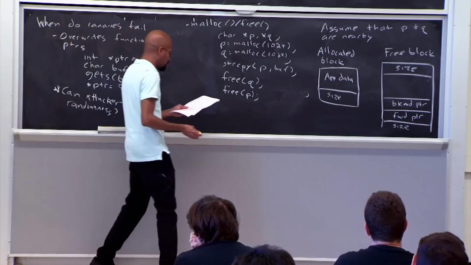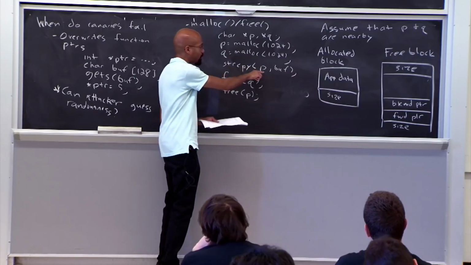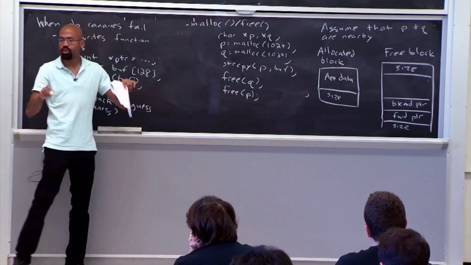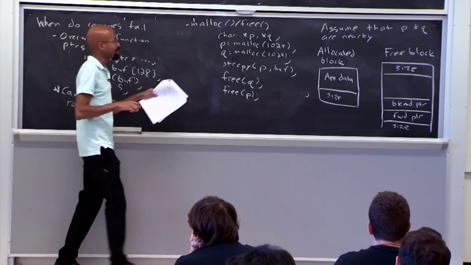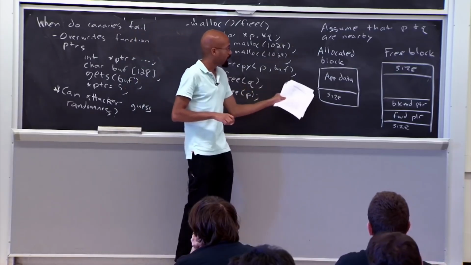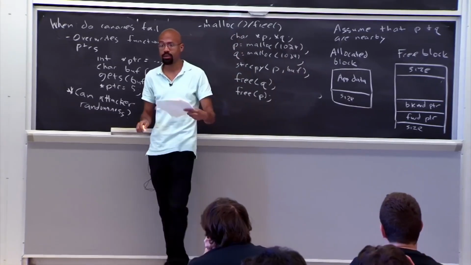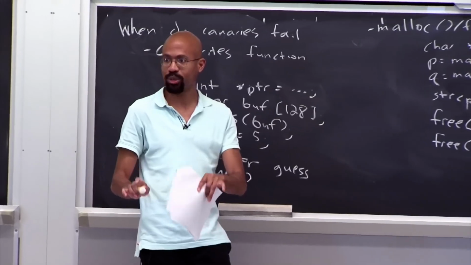The thing to note is that we had this buffer overflow in P. If we assume that P and Q are next to each other or very close in memory, then this buffer overflow can overwrite some of the size data for the allocated pointer Q, right? So is everybody with me so far?